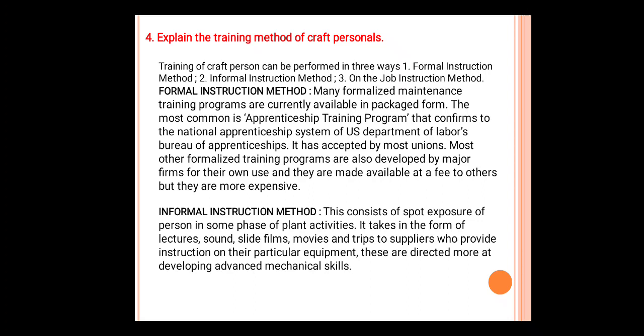It has been accepted by most unions. Most other formalized training programs are also developed by major firms for their own use, and they are made available to others, but they are more expensive.